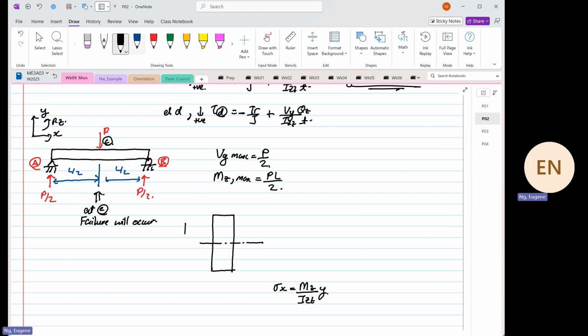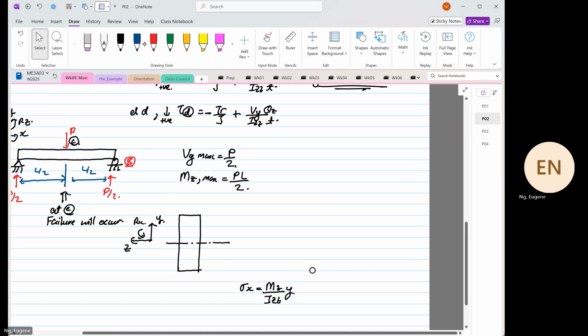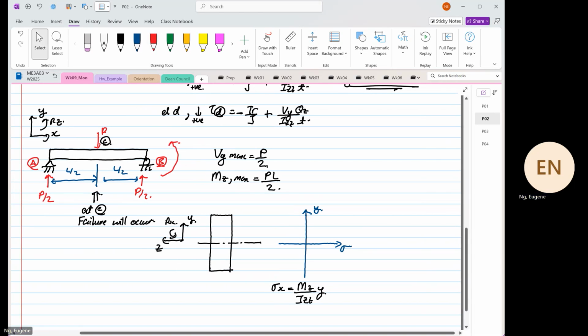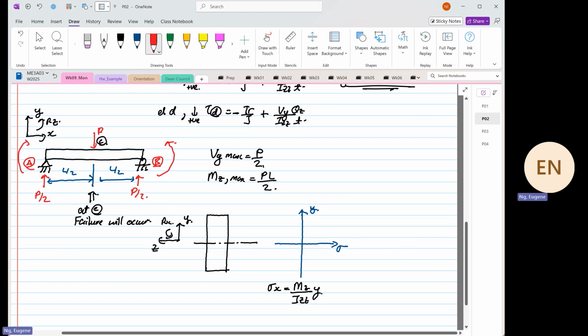Okay, so now I'm sketching. This is our y, this is our z, and this is our rotation in x. From here, when we sketch our normal stress out, we know based on the moment vector, this is our moment in Z, and this is in compression, and this will be in what?